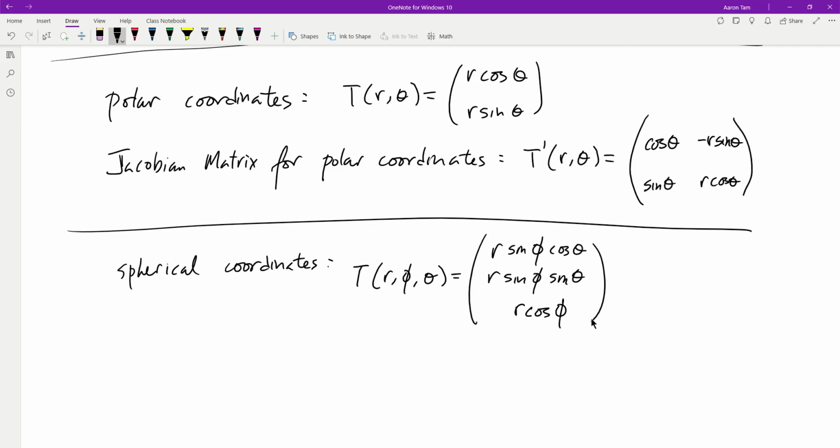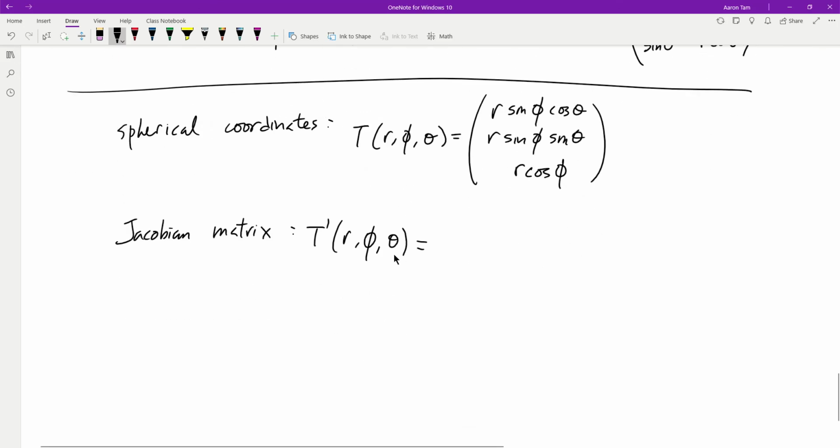Because this is a function that maps from R3 to R3, the Jacobian matrix would be a 3 by 3 matrix, and it will look something like this, T prime.